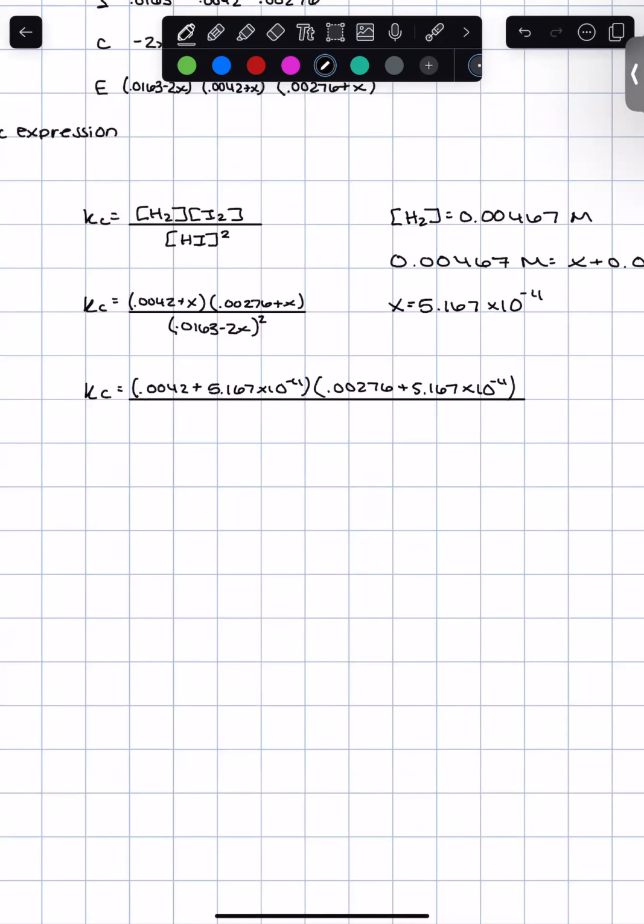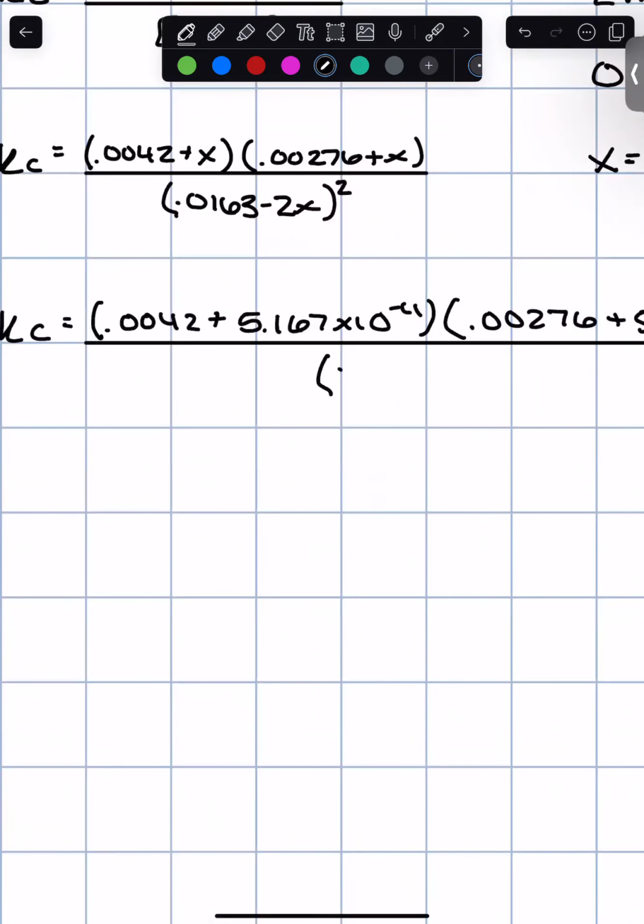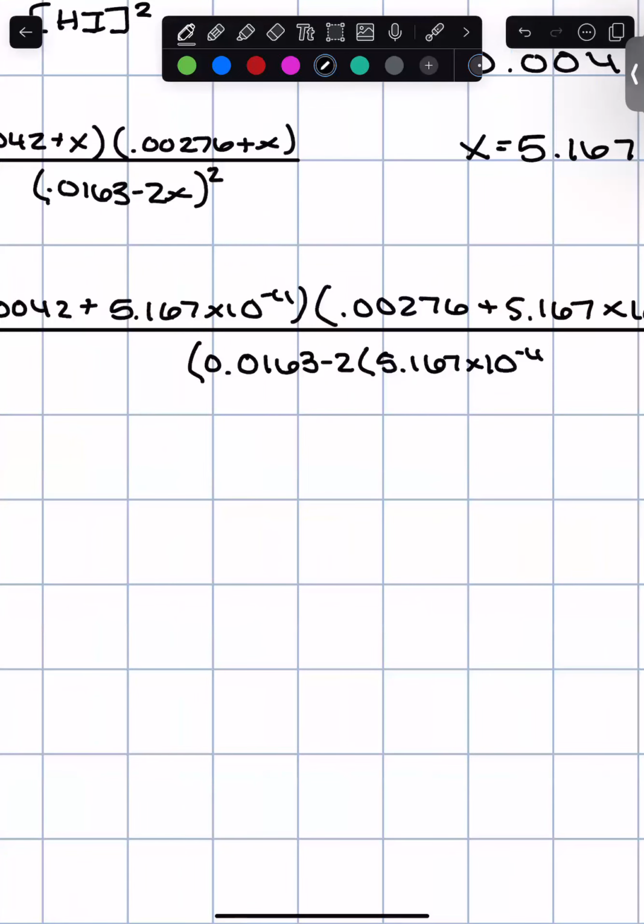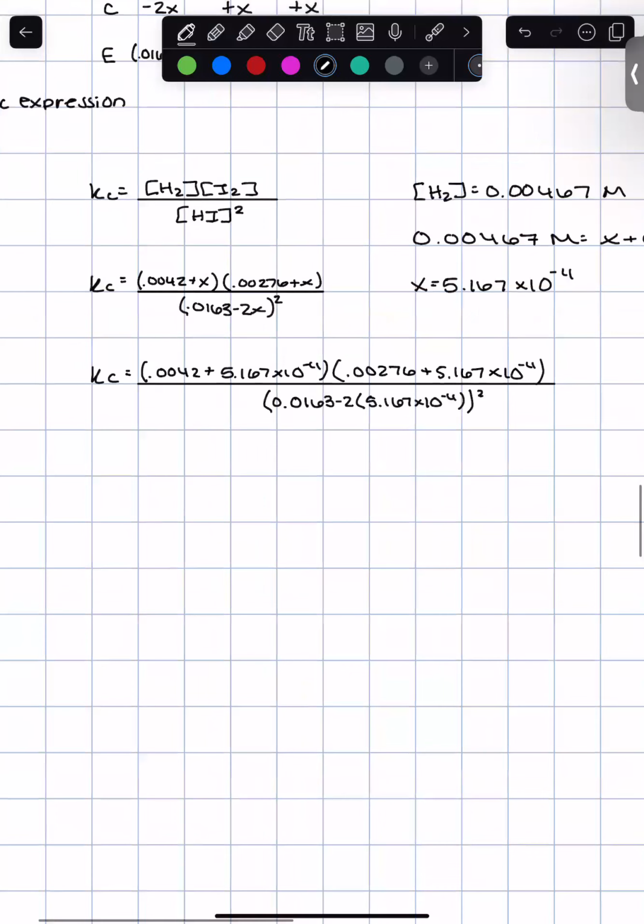Just type it in your calculator if you can handle that. So now it's just a matter of plugging this in correctly.